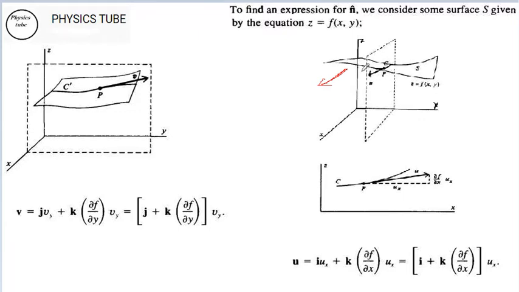Now see what they are doing here. In this, they have taken the z and x plane, this plane where I have already drawn, and suppose this is a bit diverted. You can see this is my u, they are showing u, and this is a bit diverted. The u can be resolved into two components, x, y and x, z. And in this x and z plane, I can resolve this into u_x and u_z.